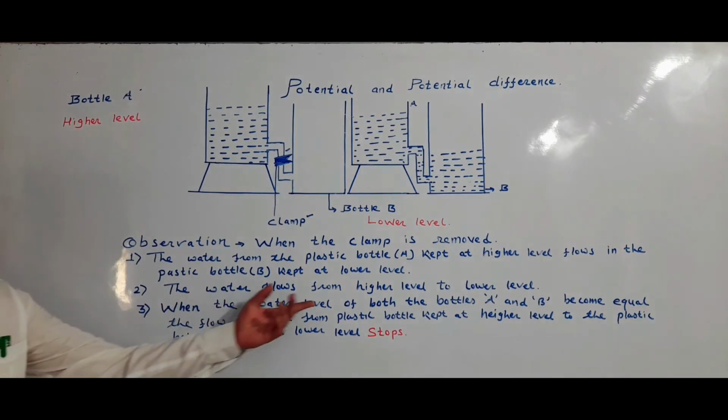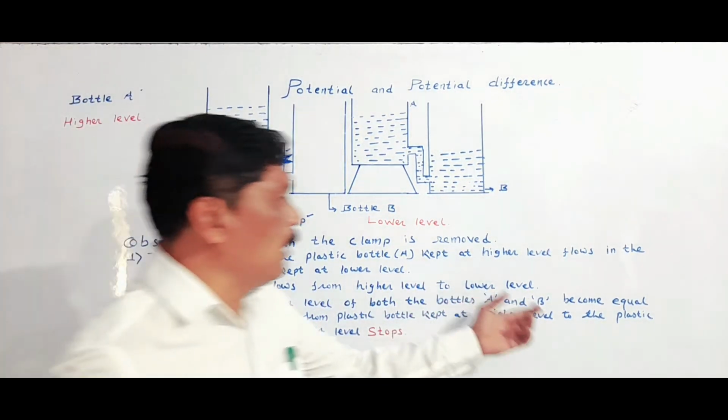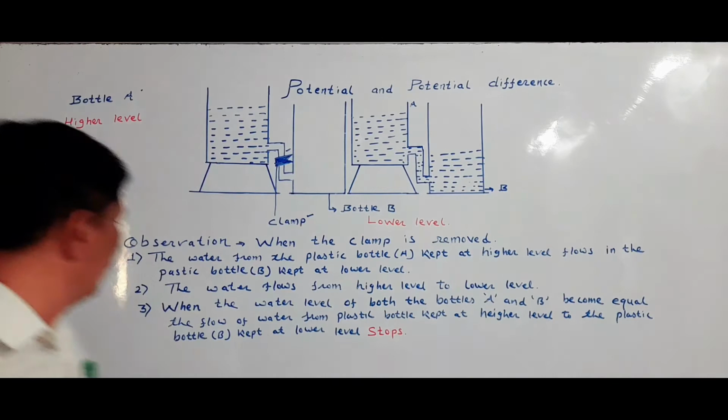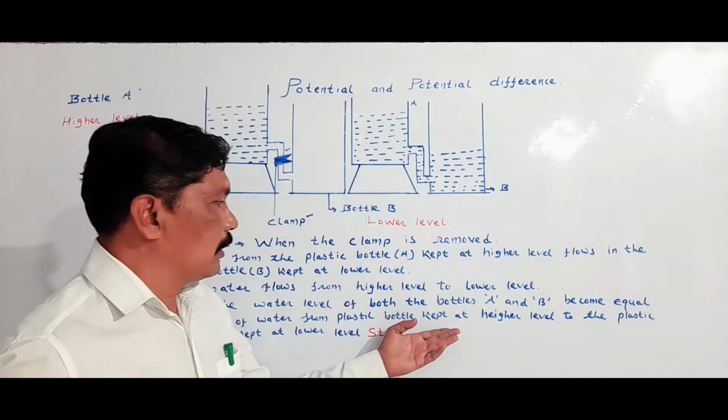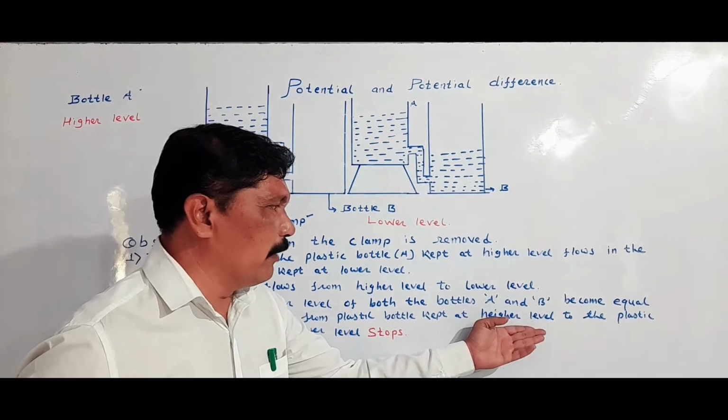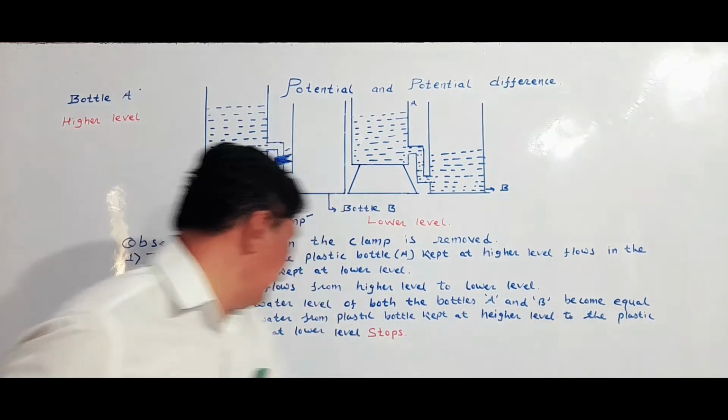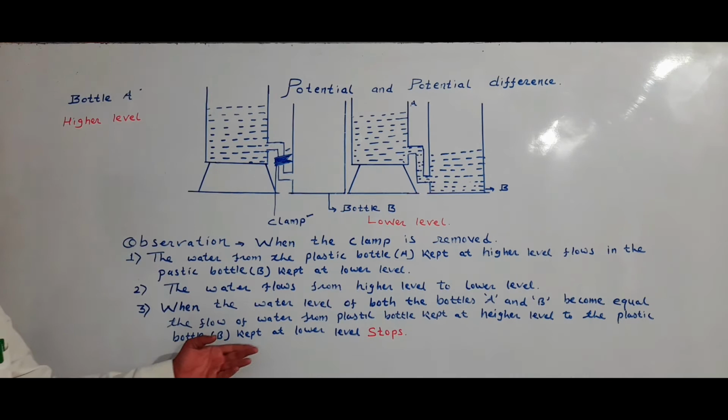When the water level of both the bottles A and B becomes equal, the flow of water from plastic bottle A kept at higher level to the plastic bottle B kept at lower level stops.